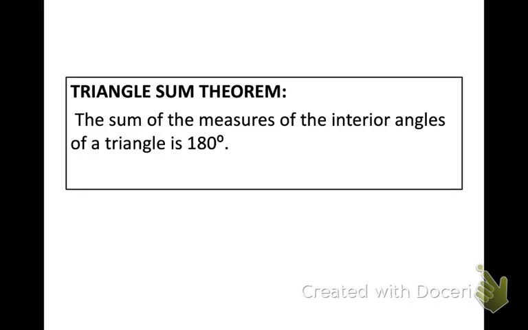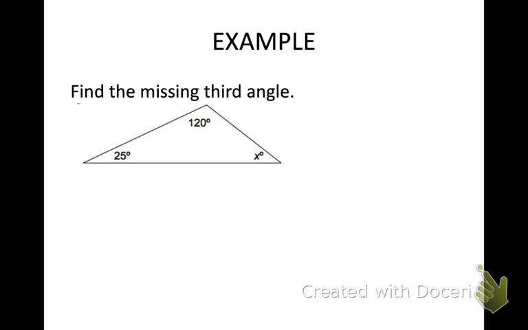So once you have that, flip onto the back. Using the triangle sum theorem, can we solve for x? I believe, yes. What would you do? Base times height? Nope, we're finding the third angle. So 25 plus 120 plus x equals 180.